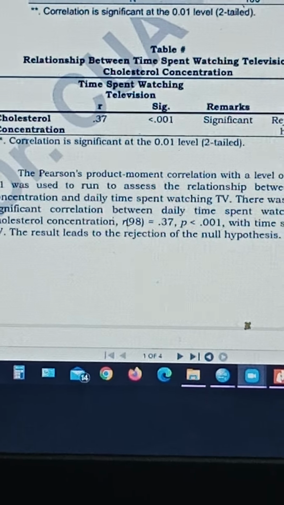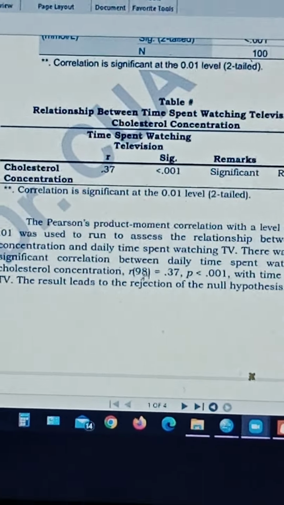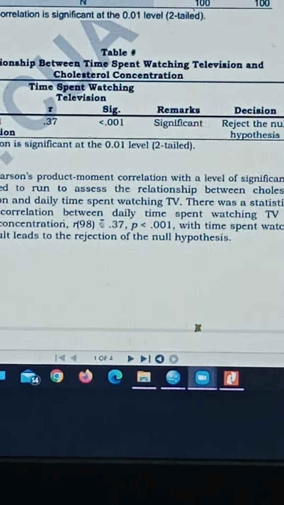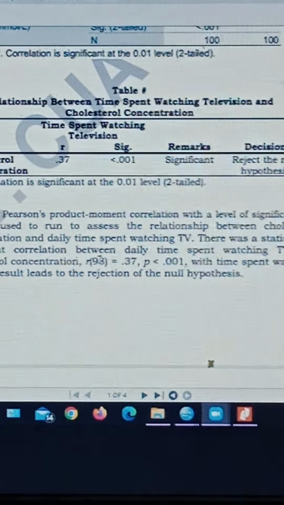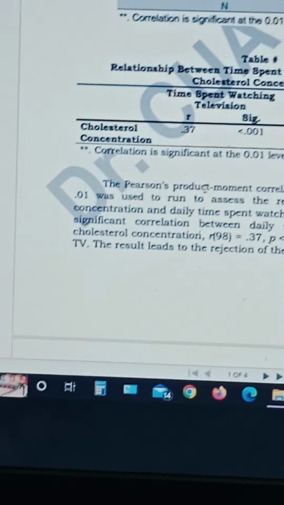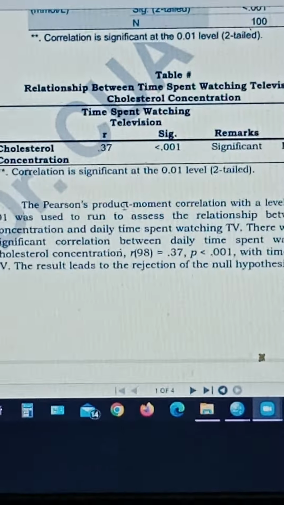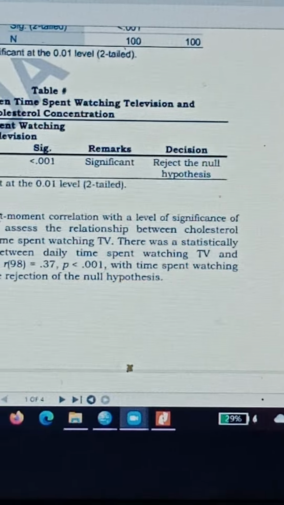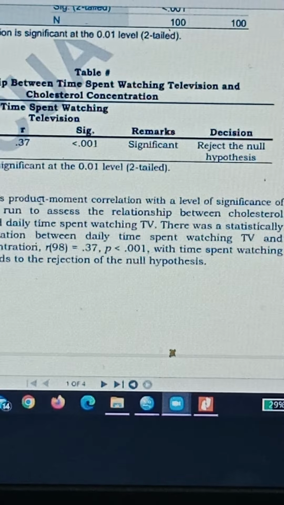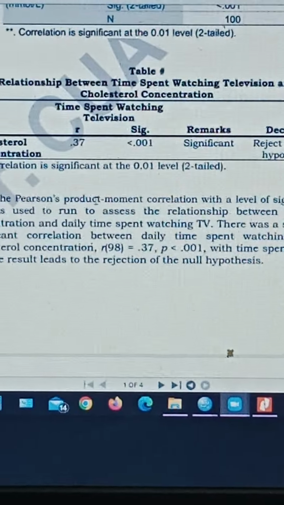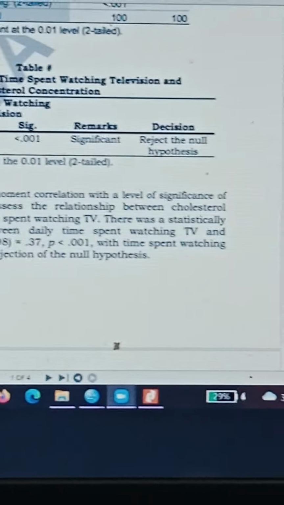Now you might be wondering what this 98 value is doing here. 98 is the degrees of freedom. Degrees of freedom in statistics for r, in this particular case, is we subtract 2 from your total number of respondents, so n minus 2. Your respondents are 100, right? So to know the degrees of freedom, 100 minus 2, that is 98.